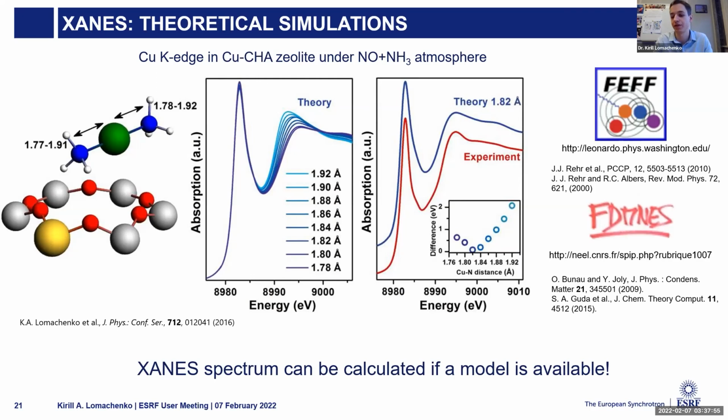It can be done by different, very sophisticated codes. The most popular ones probably being FEFF from the University of Washington in Seattle, in the US, and FDMNES from CNRS, from Grenoble, just next door from here.